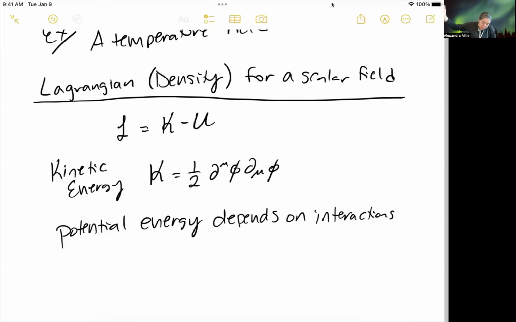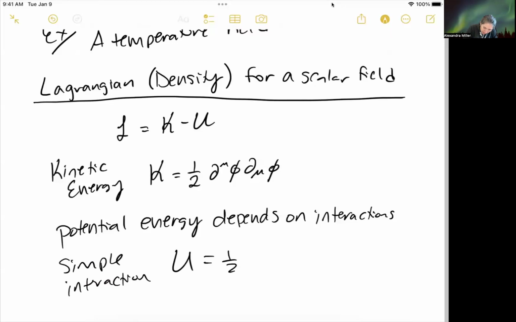And so we can have all sorts of things that we write down. Here we just have one scalar field. So the question is, does this field interact sort of with itself? And we want to do something a little bit interesting. So a simple interaction that we could write down is just U equals 1/2 sigma phi squared, where sigma here is just some constant.